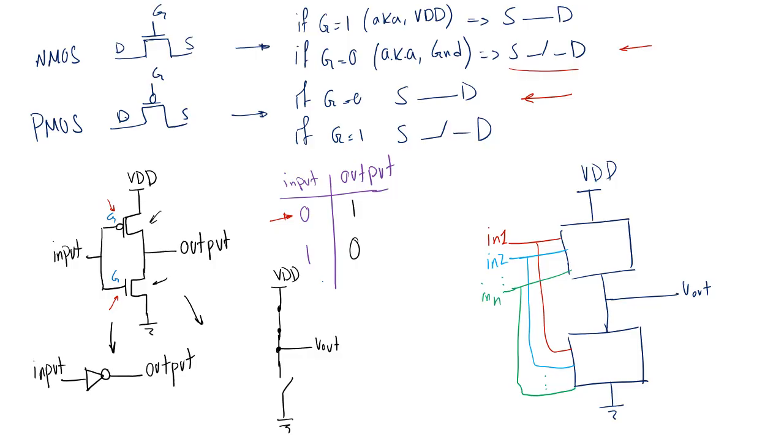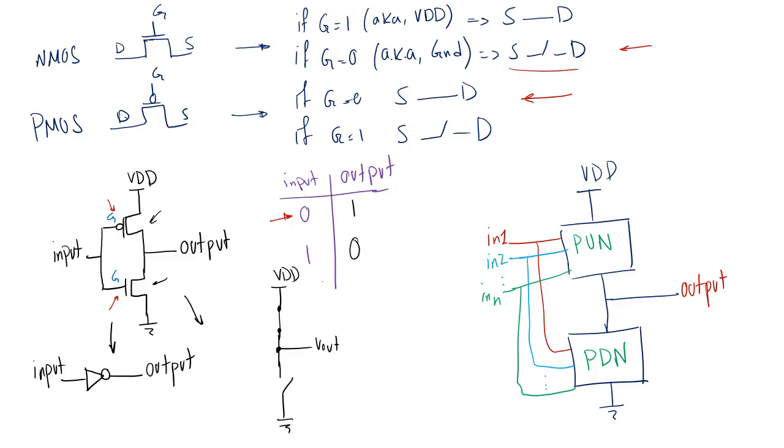Okay, so there's always a pull up network and a pull down network. Why do we need that? Because we know from all of our logic circuits that we have been discussing, the output, I shouldn't have called it Vout, I should have just called it output, is always either 0 or 1, right? It can't have any other value. So when it is 0, it means that it is connected to ground.